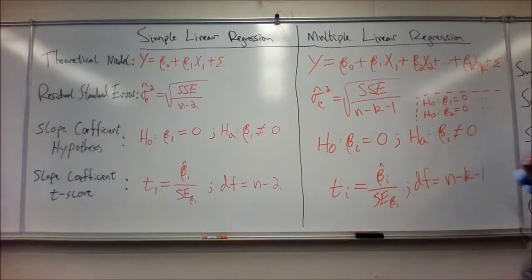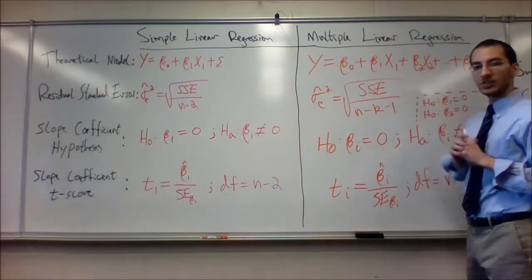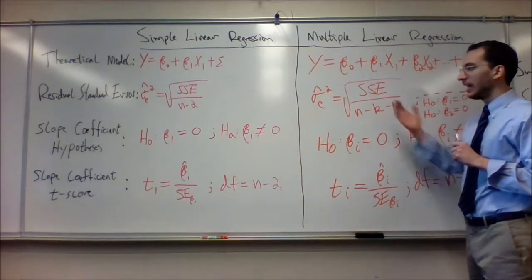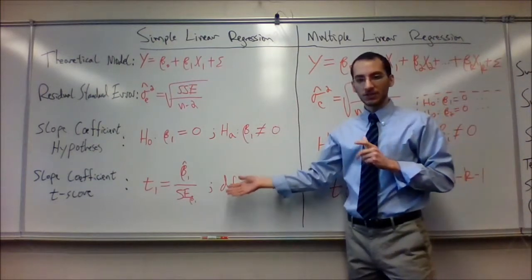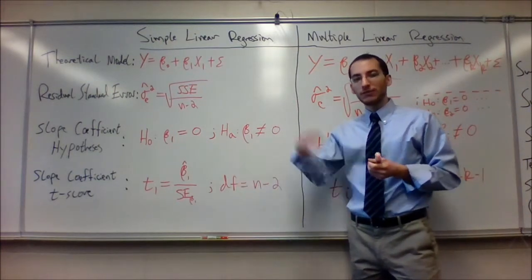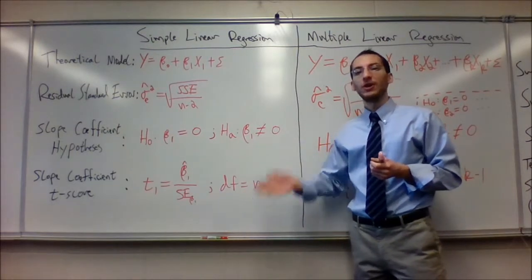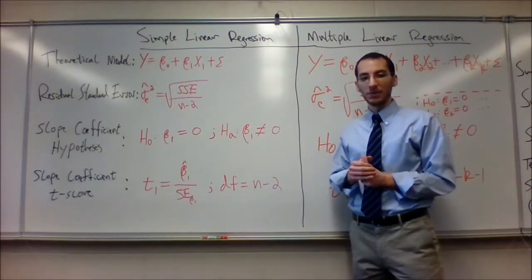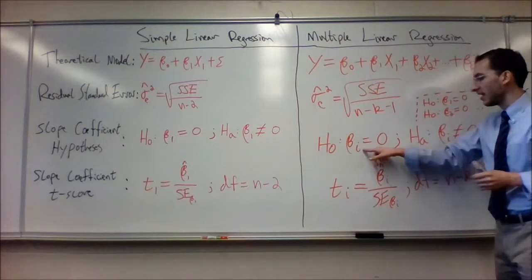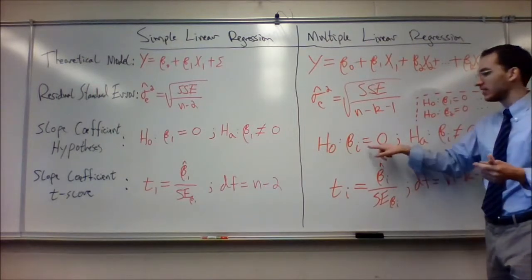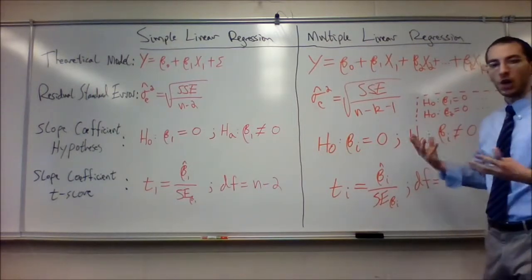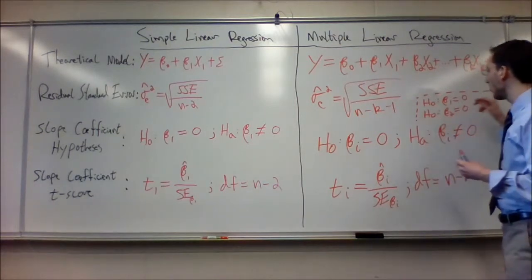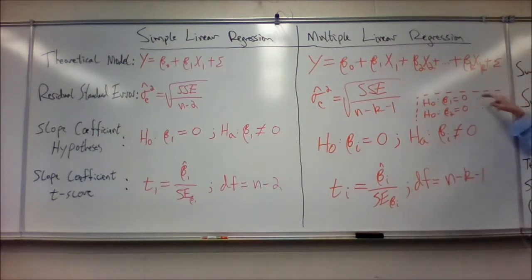So the trend we're seeing is that when we add in explanatory variables, everything we've done before is still the same. We just have to do it more times for each explanatory variable. And we can generalize that mathematically with these i's to show it, or you can write it out one step at a time for each variable.